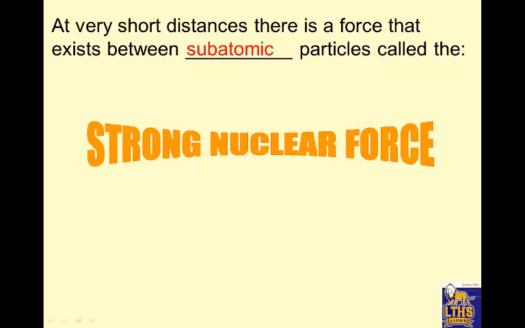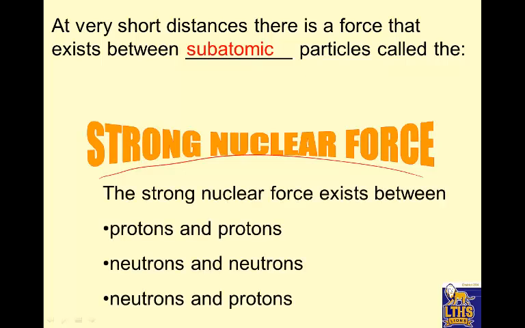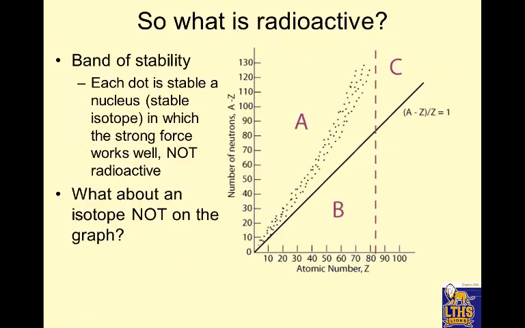So there's several fundamental forces that scientists have explained, like gravity, electrostatic force. Strong nuclear force is one of those main forces that acts in our known universe. So the strong nuclear force holds protons next to protons, neutrons next to neutrons, and neutrons next to protons. So it acts between tiny particles when they're certain distances from each other, and it holds them together.